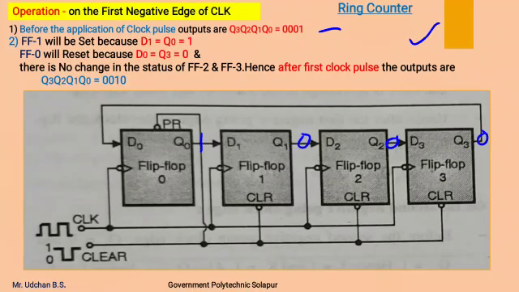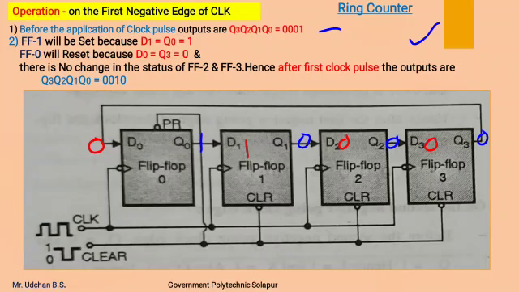Before that, we will see the D inputs of each flip-flop from their previous outputs. Here Q3 is 0, therefore D0 will be 0. Q0 is 1, D1 will be 1. Q1 is 0, D2 will be 0. Q2 is 0, D3 will be 0.